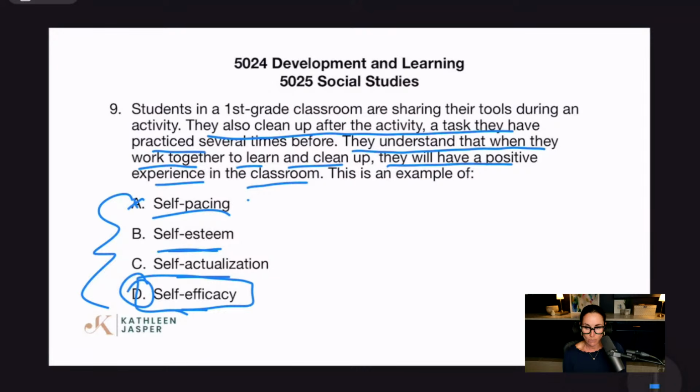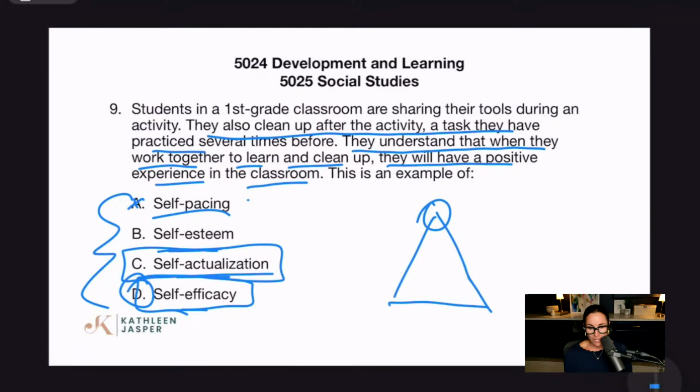Self-esteem, again, is feeling good about yourself and understanding that you have value. And self-actualization is what we're all working towards, and it's a little bit too much for a pre-K through 3rd kid, right? Self-actualization, if we're looking at Maslow's hierarchy of needs, is way up at the top. And you know, there are days where we have it as adults and there are days we don't. It's kind of like, what does it all mean?